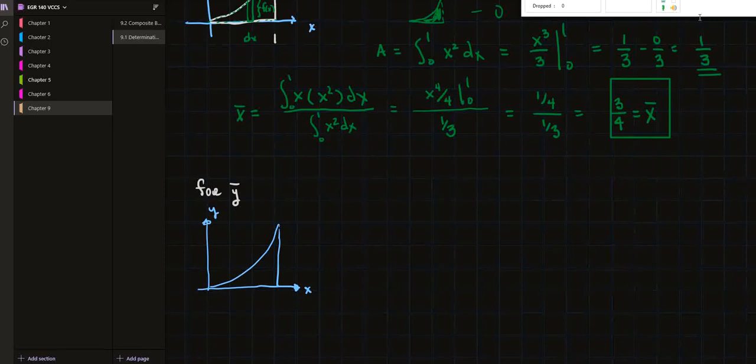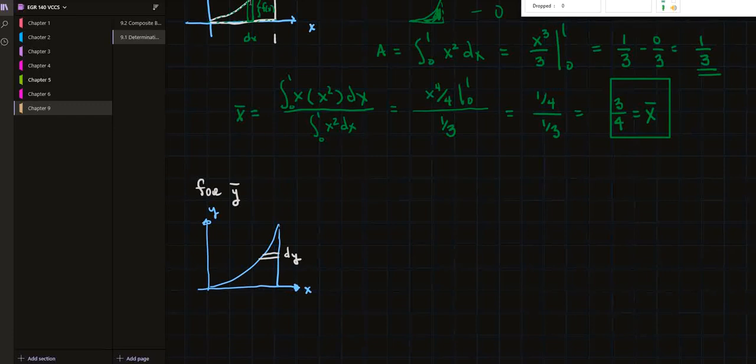So now for y bar, what we want to do is find our dy. And dy is like this, which means we're going to need to break this into two parts essentially.